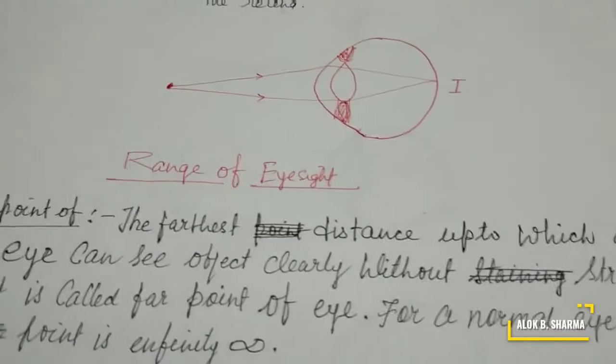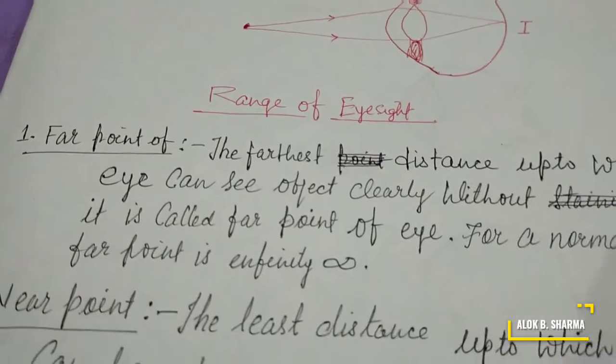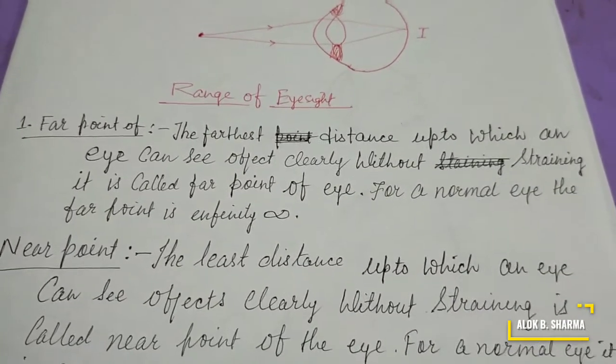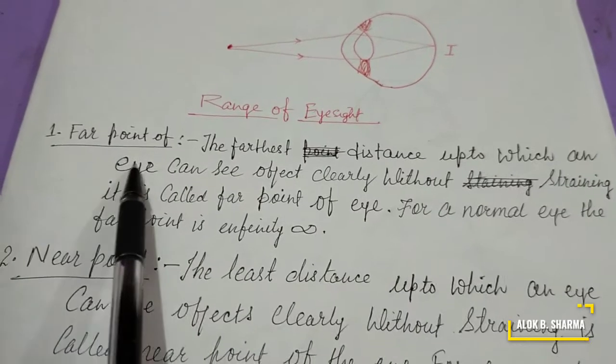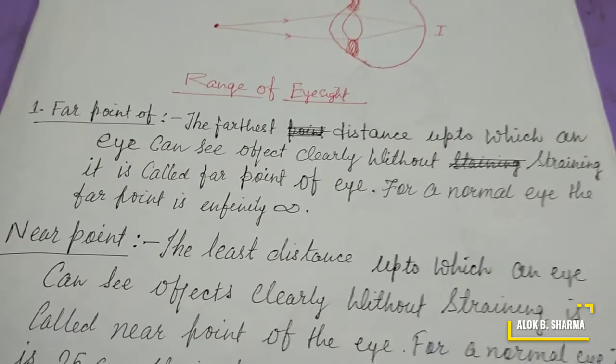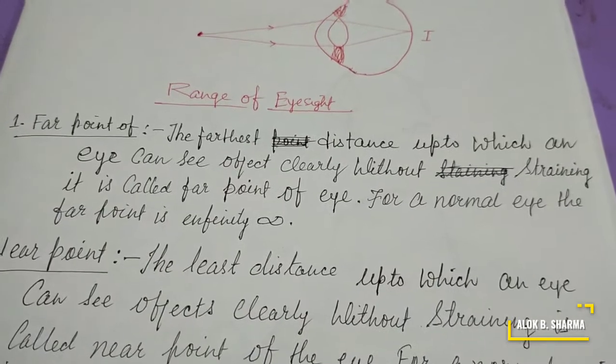Now next is range of eyesight. This is a very important term also. It carries 2 marks. What are the far point of the eye and the near point of the eye? Far point of the eye is what?